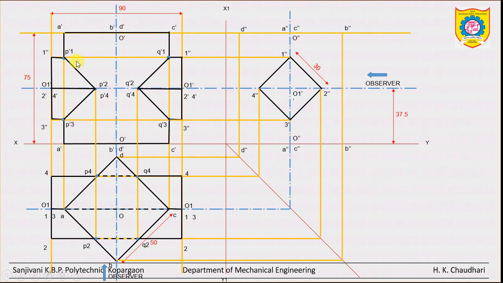So join them by hidden line. This is the top hidden edge, this is the bottom hidden edge, and the middle, front and back side hidden edge. Okay, now we have completed the front view.